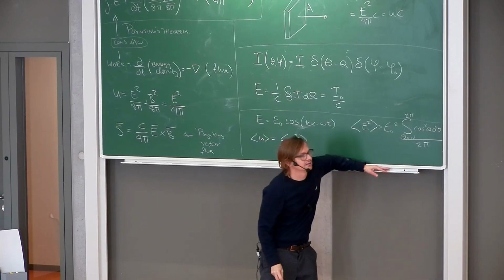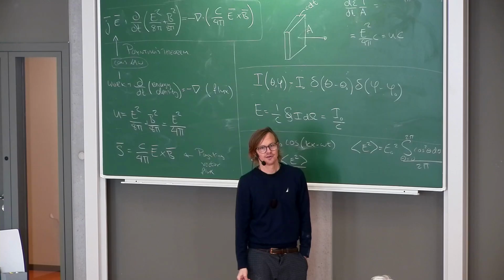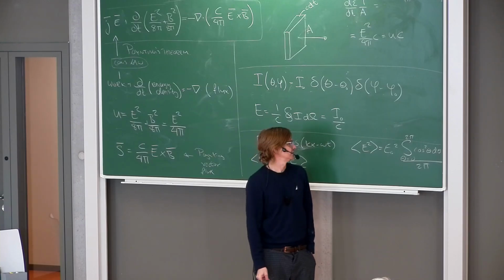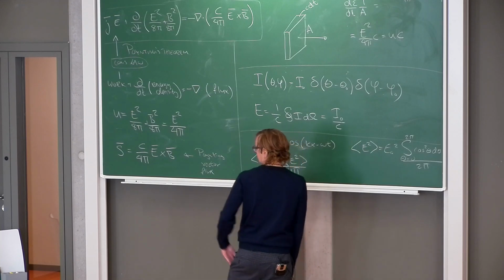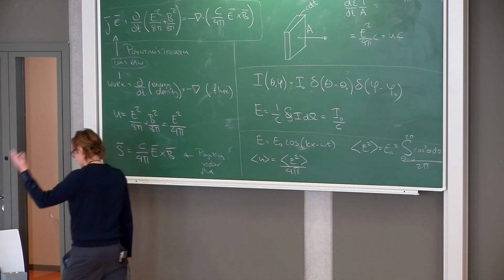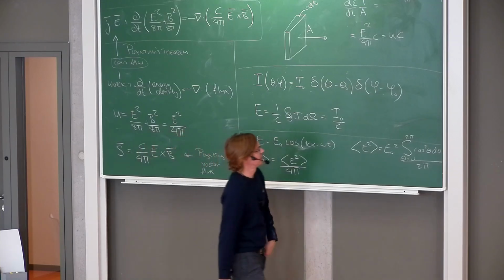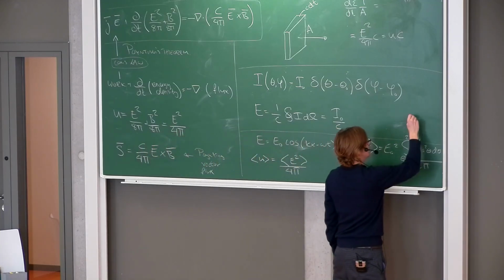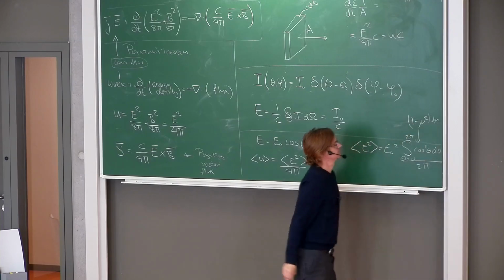Now this one you should be very familiar with. We just use our standard transformation to write this in the form of 1 minus mu squared d mu, okay?